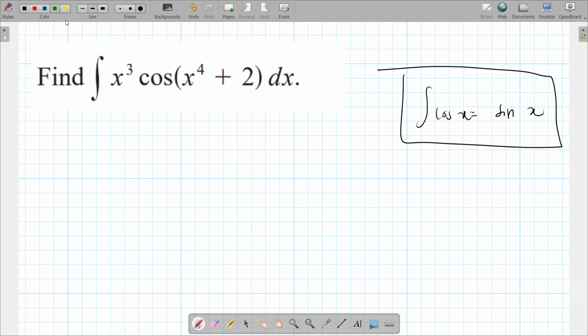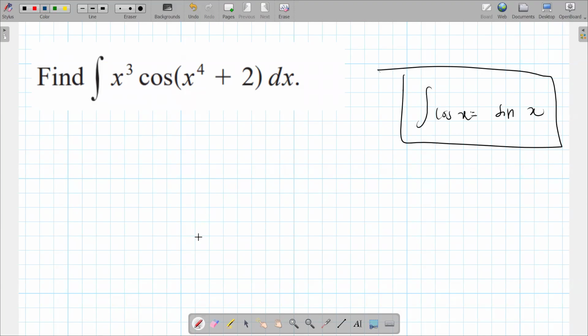It's not that difficult. So again, you'll see that in here, the x cubed and the x to the 4 are related, right? If you take the derivative of one, you get the other. You see that? Yeah, there's going to be a 4 in the front, but that 4, we can always deal with it later.